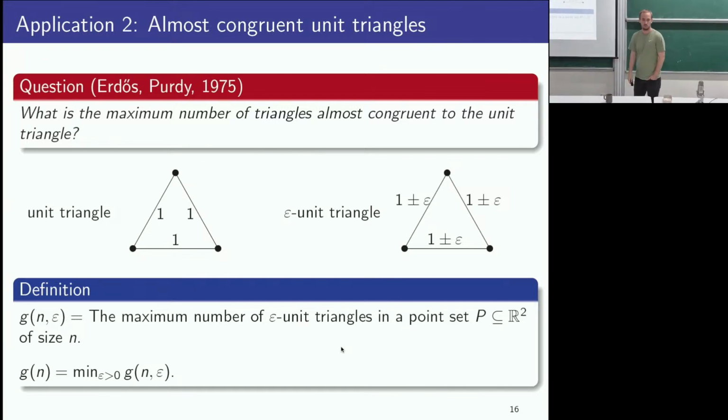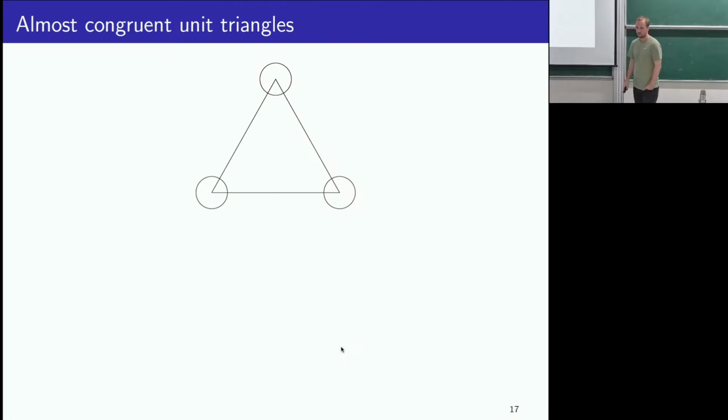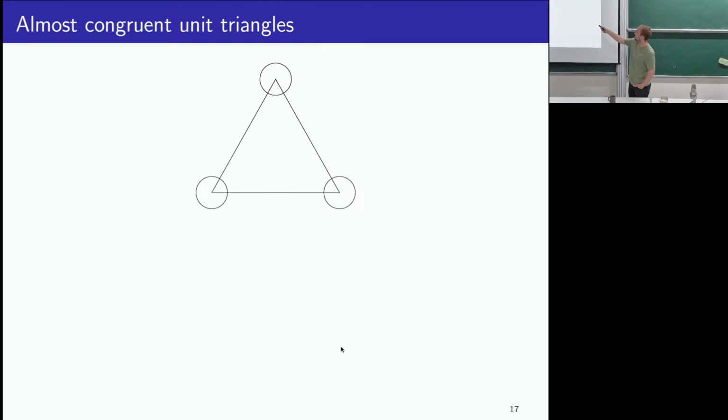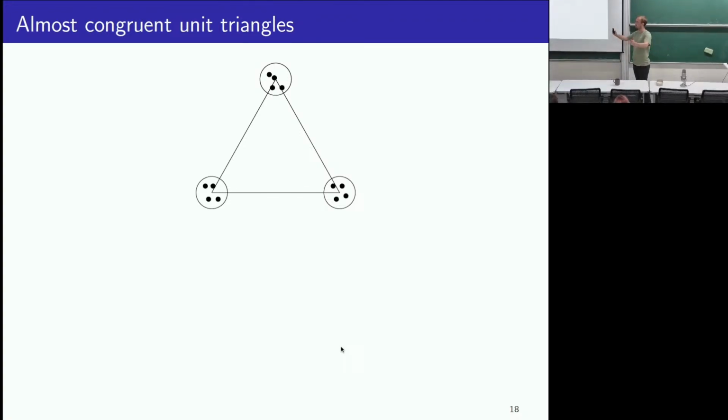And they also provided a lower bound construction, which you can find here. You start with a single unit triangle, so side lengths 1, 1, 1, and you take 3 disks of very small radius, put them around the corners, and now you take your n points and throw them in there.